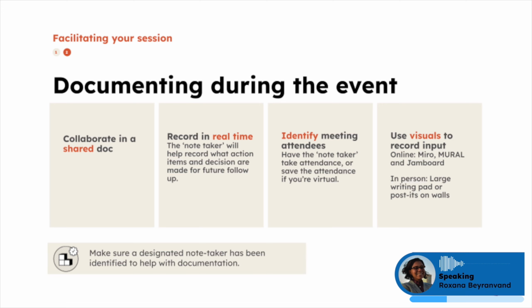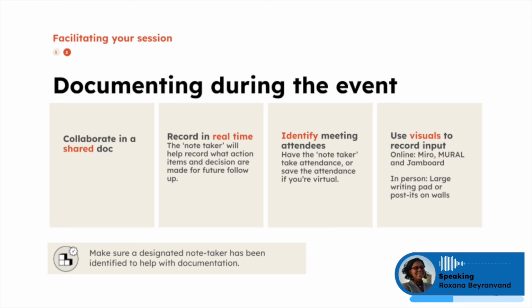Third, really think about making sure that you're capturing your meeting attendees. This is really important because you might want to follow up with folks. You might want to share your presentation. You might want to share materials that they're interested in having. So being able to capture their email, a way that you can contact them afterwards, is really important. And lastly, really think about using visuals too. These are really helpful if you're in an online setting like we are today. I've already seen in the chat, folks have mentioned Miro, Mural, Jamboard.